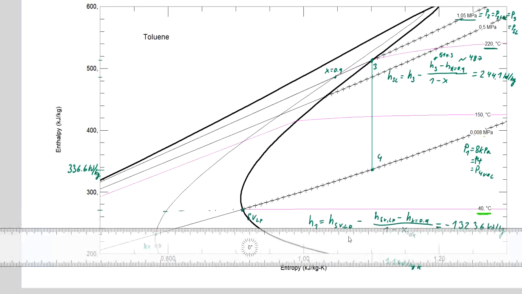And also we can guess the temperature at the point 4, because here we had 40, here we have 150. And the actual value of temperature over here is 90 degrees C, 90.4.